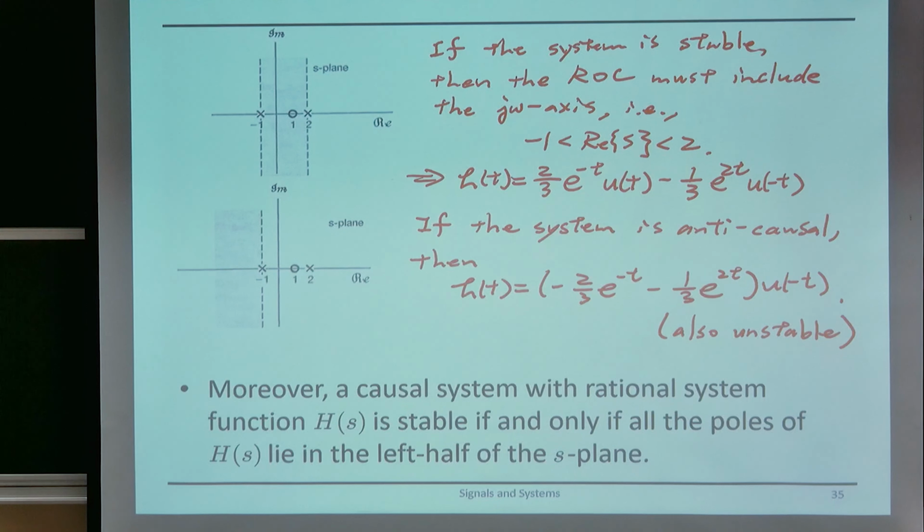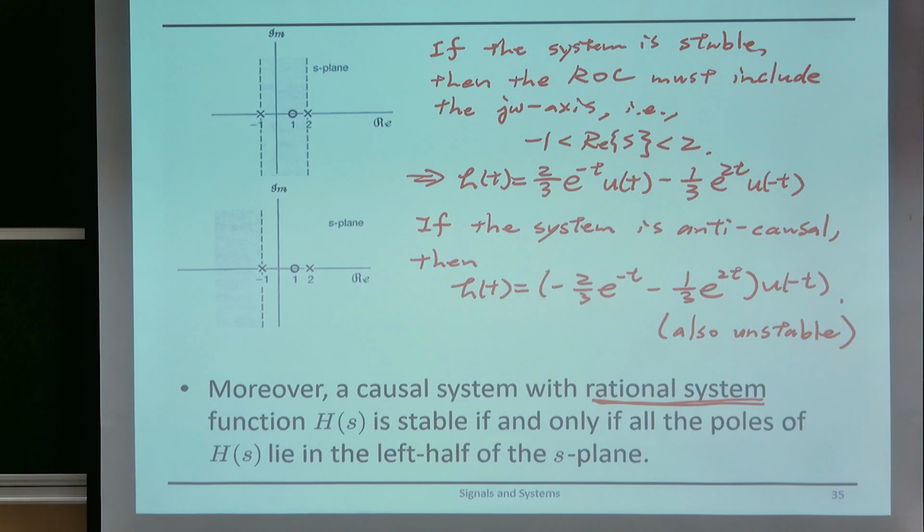Now, if you're looking at a rational system, we know that the region of convergence must extend all the way to its pole.